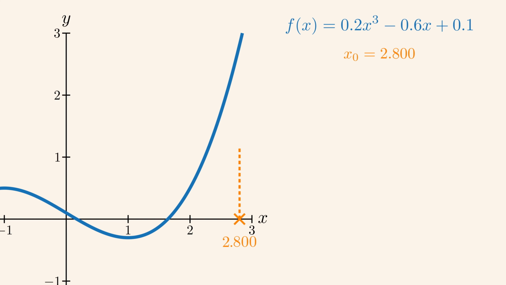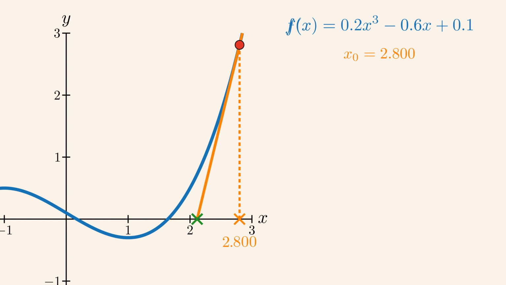Now, let's find the point on the blue curve whose x-coordinate is 2.8. At this point, we draw the tangent line to the curve. This tangent line intersects the x-axis at the green cross. We want to find the x-coordinate of this green point because it's closer to the actual root of the blue curve than the orange cross was.